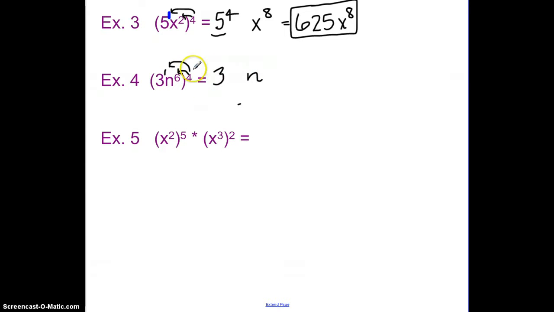And 4 times 1 will be 4. And 4 times 6 will be 24. So the only part that I have to put in my calculator is this 3 to the 4th, which would be 81, and then my n to the 24th.